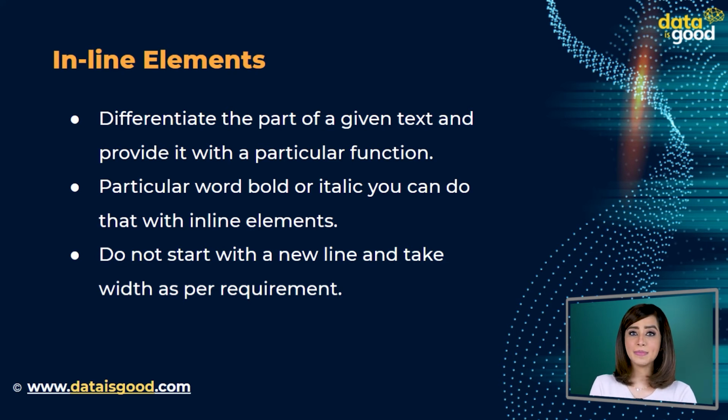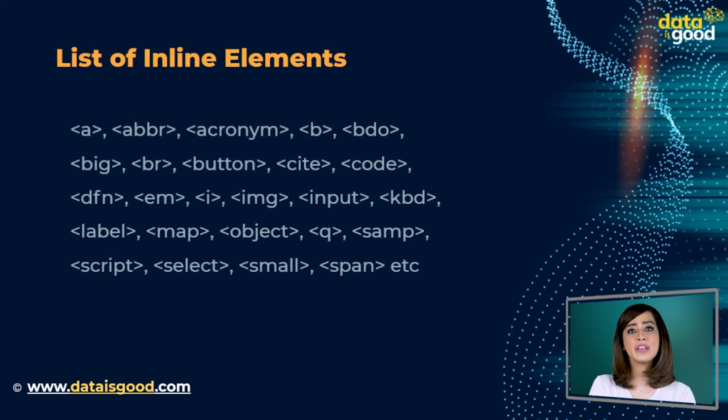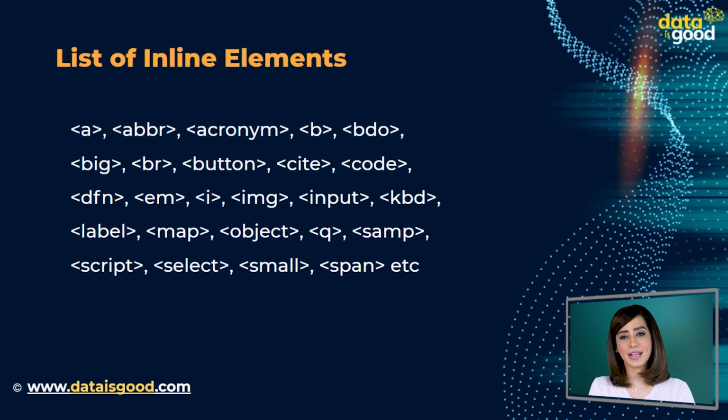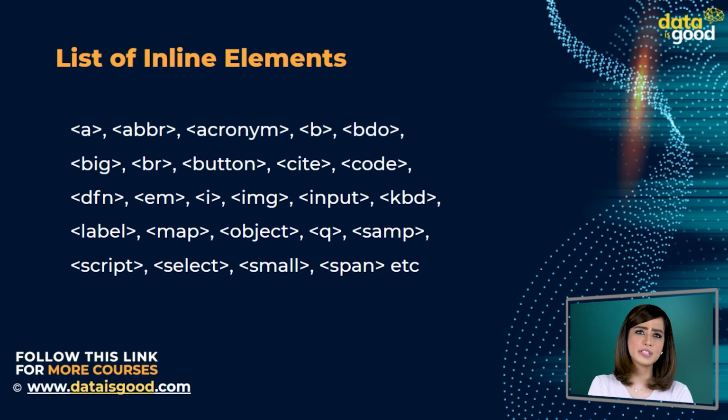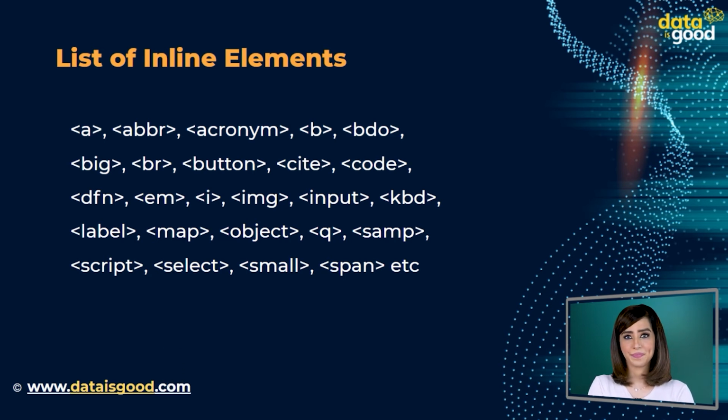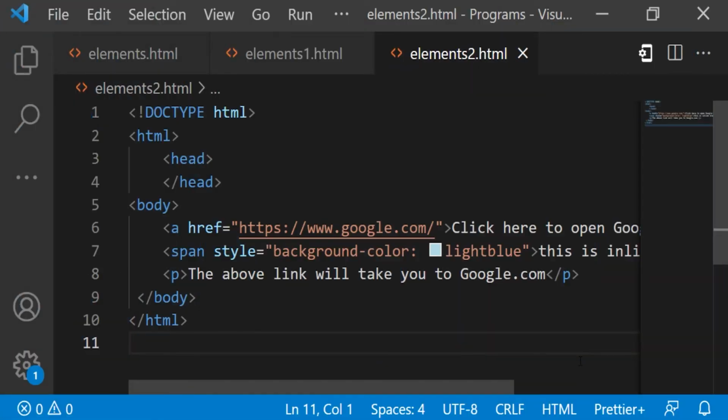The inline elements are mostly used with other elements. Here's the following list of elements on the screen. Tags such as anchor tag, bold tag, button tag, code tag, image tag, etc. So let's see an example of inline elements. In this example, we have used two inline elements, anchor tag and span tag.